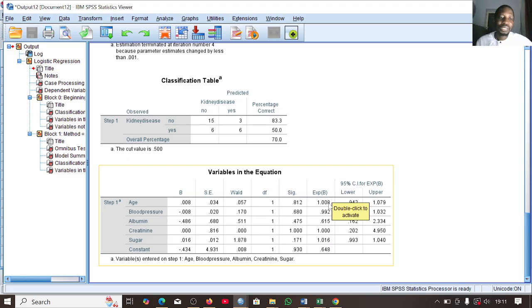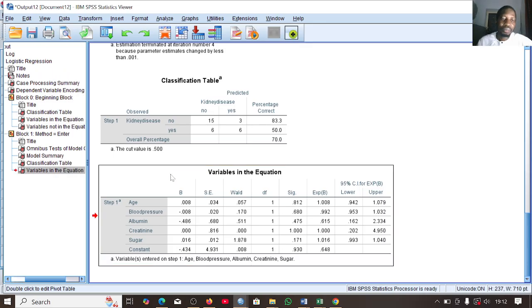This means that if the patient's age increases by a year, the odds of the patient having kidney disease will increase by a factor of 1.008, though it is not statistically significant. You also need to consider the p-value to see whether it is significant or not.